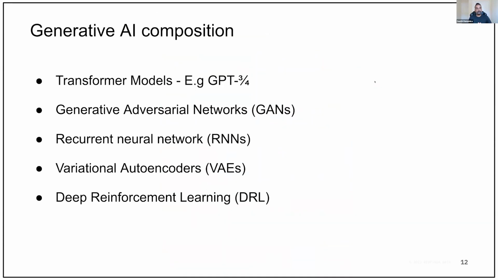And then, what is the foundation of generative AI models? Like I said in the beginning, it's a collection of machine learning models. In this list, we can see transformer models like GPT-3 and GPT-4, GPT-4 being the latest deployed by OpenAI. And then we have a plethora of machine learning models like GANs and RNNs.